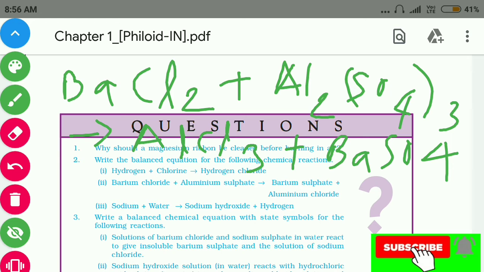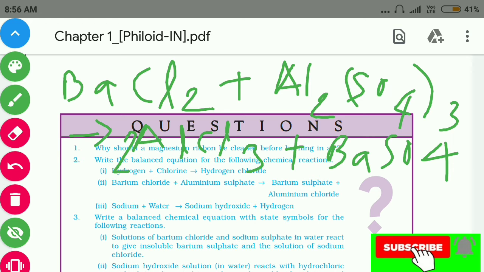Ba on both sides is 1. Chlorine on the LHS is 2, here it is 3, while aluminum on the LHS is 2 and here it is single. So write 2 here; you will get 2AlCl3. Aluminum is balanced.